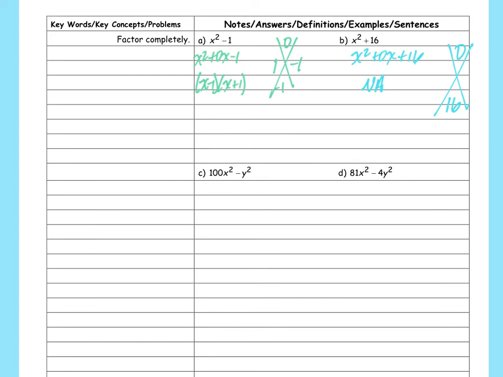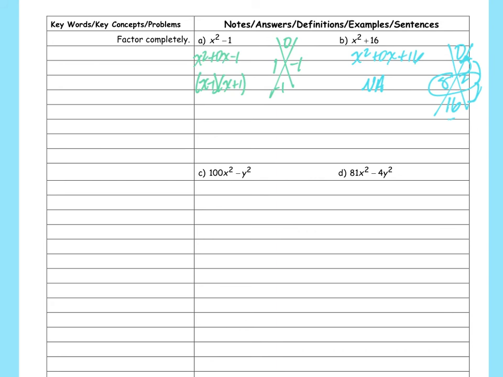I think I saw someone put 8 and 2 in there, which does multiply to be 16. That's great. But 8 plus 2 does not add to be 0. So that means that one would not work. So make sure that it is true for both, that it multiplies to be that number and adds to be the middle number. So it has to be true for both the bottom part and the top part. Okay?